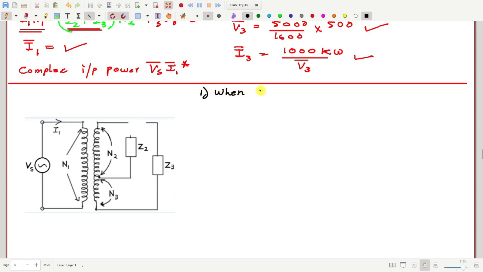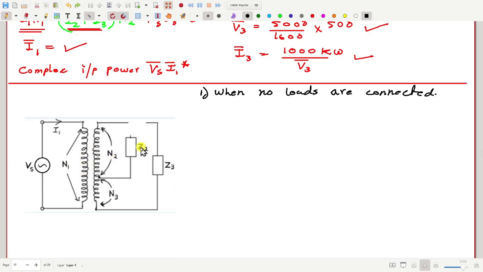When no loads are connected, the core of the transformer is here, and there are two coils, one on the primary side and one on the secondary side.